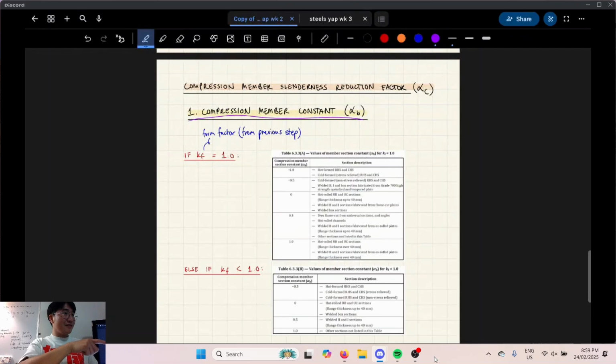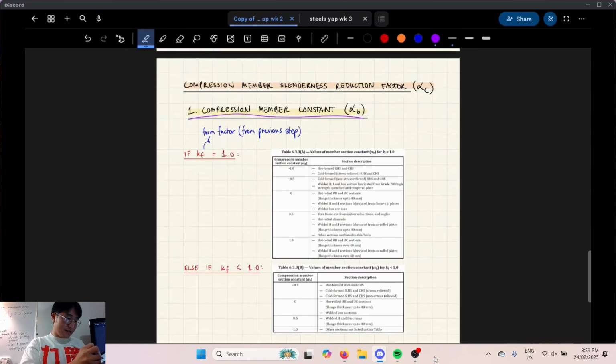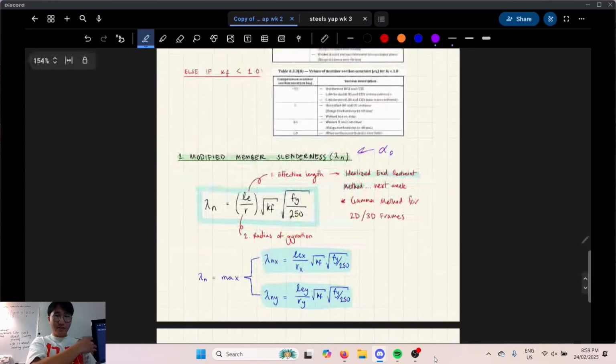Alpha A, if you see it in the slides, ignore it, because it's already summarized in everything you need for alpha B. So don't worry about it.